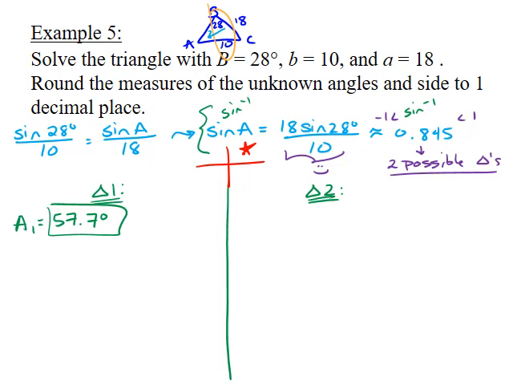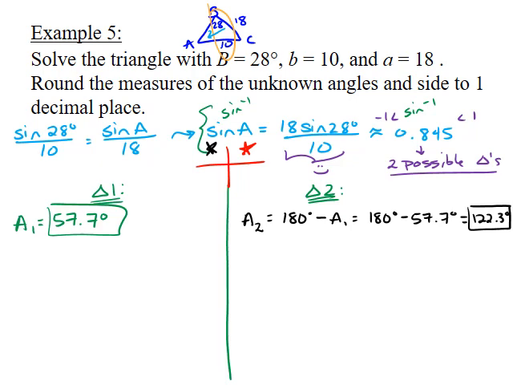It is up to you to find the obtuse angle, and the way you will find that is by taking 180 degrees minus the reference angle, which is A1. So in this case, 180 minus 57.7 degrees, which is 122.3 degrees.